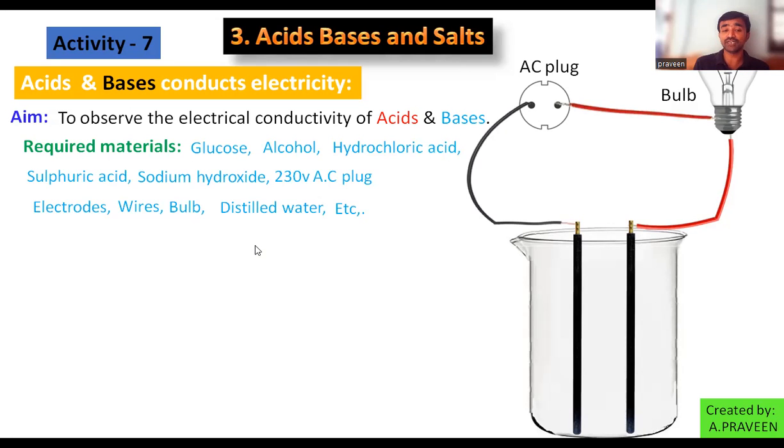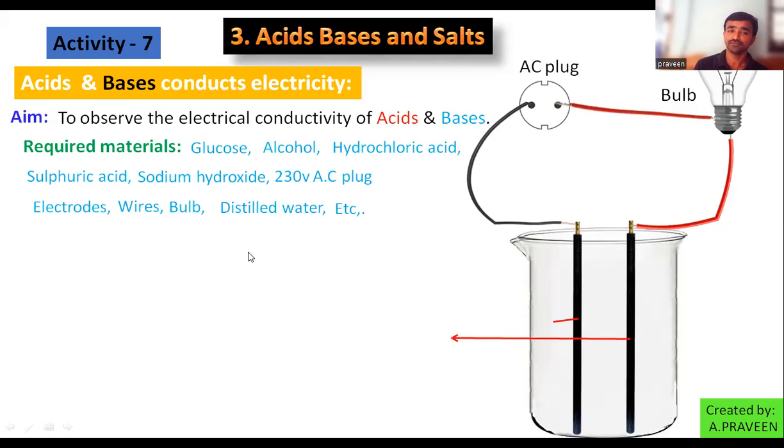Add a different solution every time, making sure the glass beaker is completely dry. Or make these arrangements with 4 beakers and electrodes, everything separately. Individually you can prepare these arrangements, as many as you want. Or make them dry compulsorily before adding another. So I am going to add now.